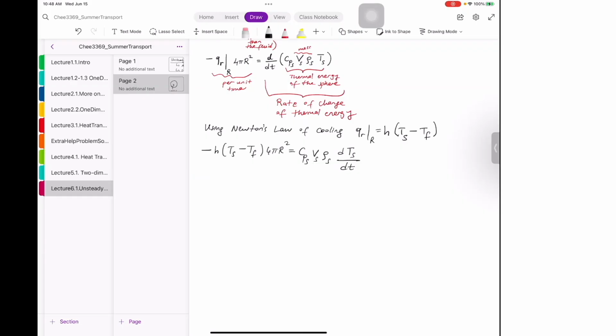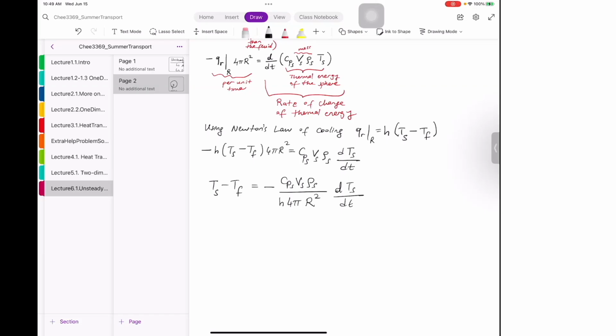Okay. Now, let's actually make it simpler. So Ts minus Tf is equal to minus Cps Vs rho s divided by H 4 pi r squared times dTs over dt. Correct? And if you like, you can plug in the volume of the sphere in terms of the radius, but you don't need to do that.